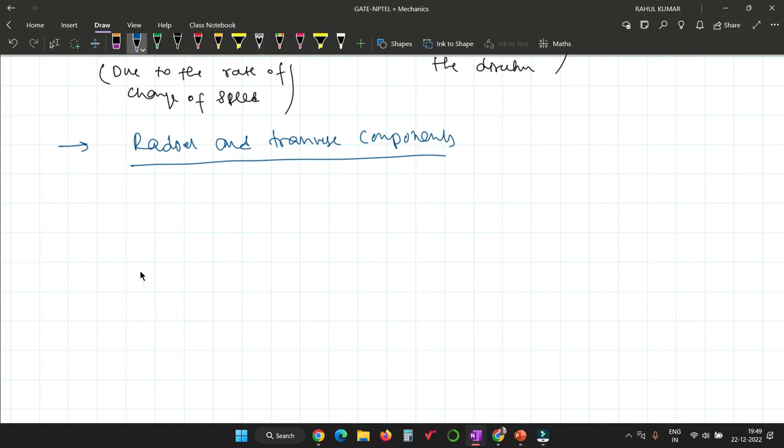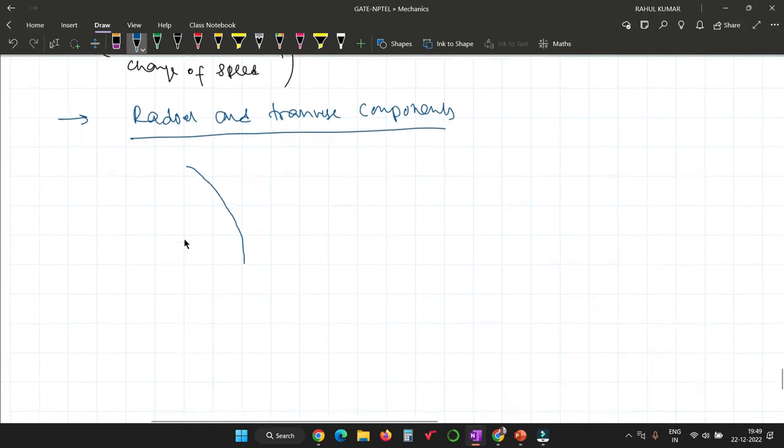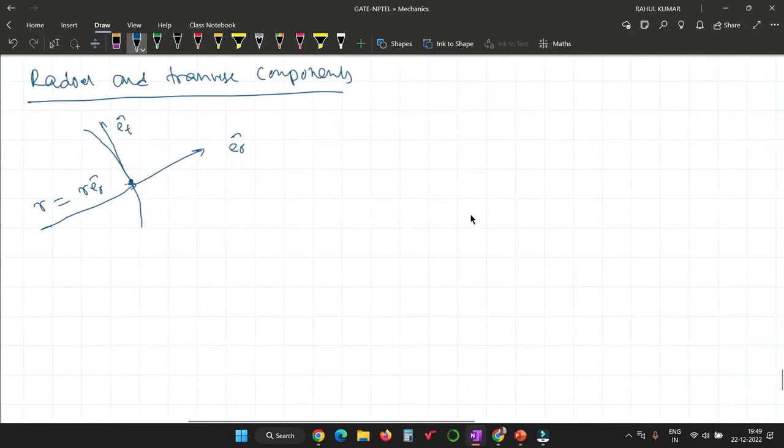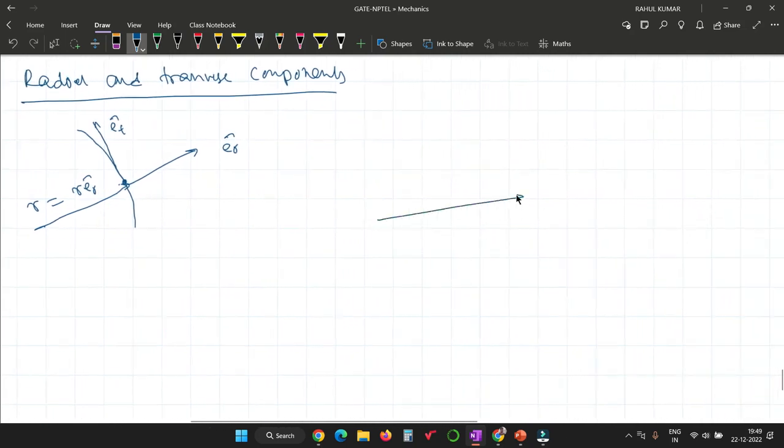Okay, so suppose the particle is following this path. At point P, suppose the position is r equal to r er. Here the direction vector is er and the tangential vector is et. I have already told you that suppose er changes by an angle theta.